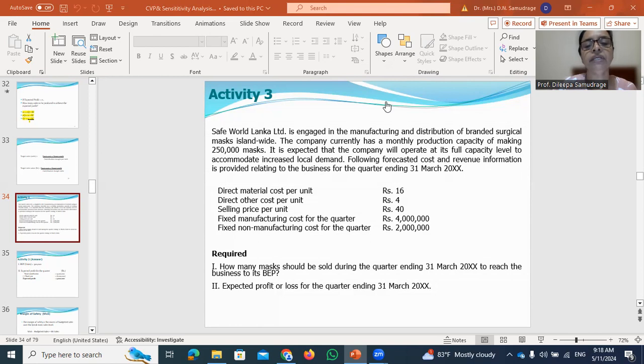Break-even point in units 300, loss 1 million. Okay, loss 1 million. Any other answers?